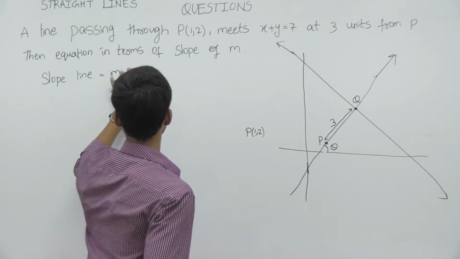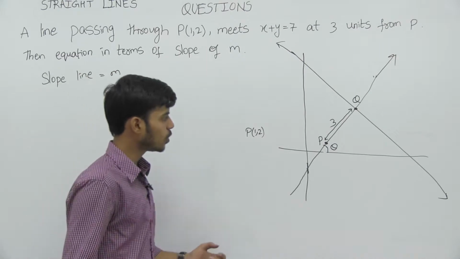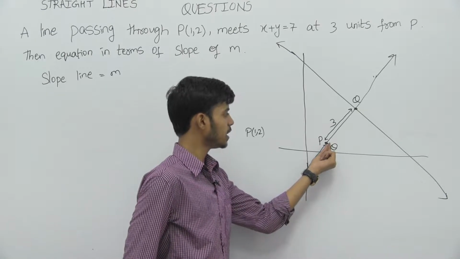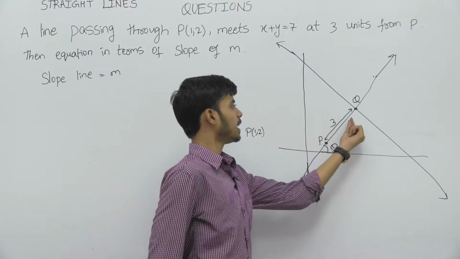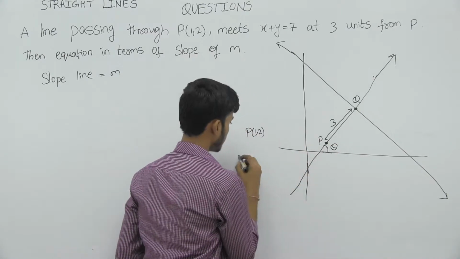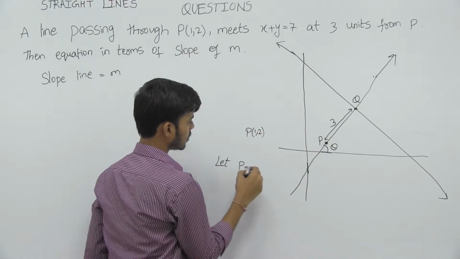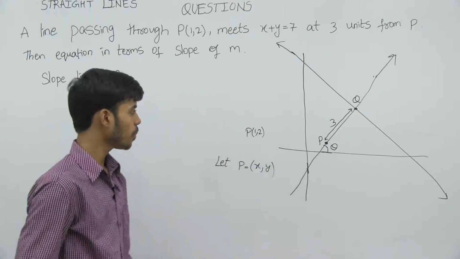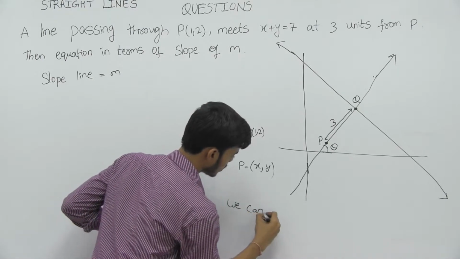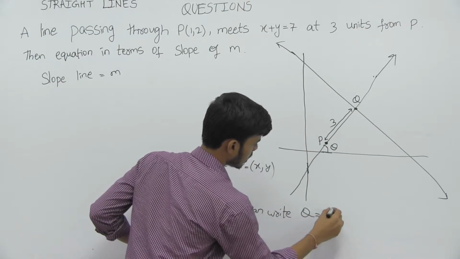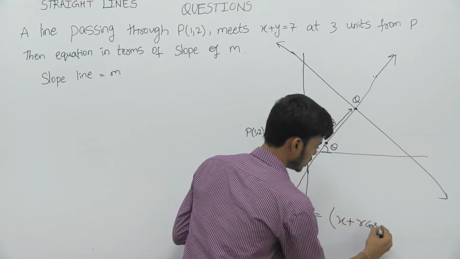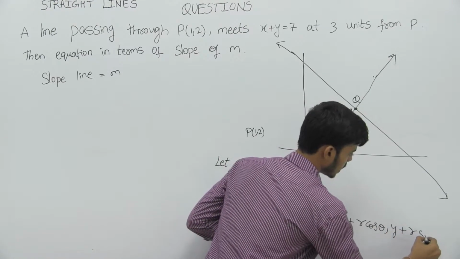If we want to find the coordinates of a point which makes angle theta and is at r distance, then we can write: let P be x comma y, assume, then we can write Q as x plus r cos theta comma y plus r sin theta.